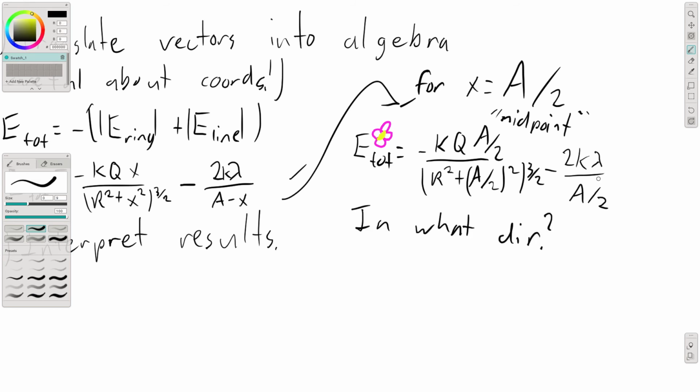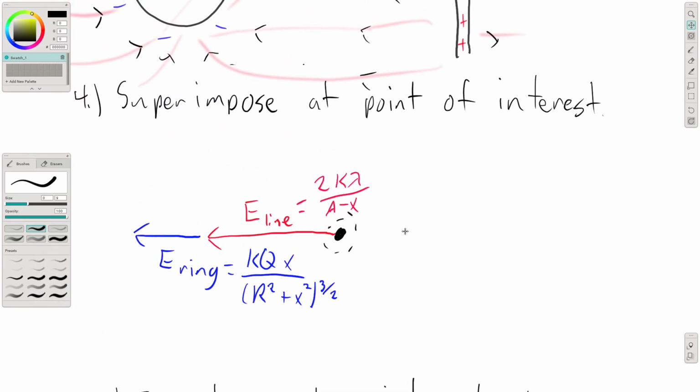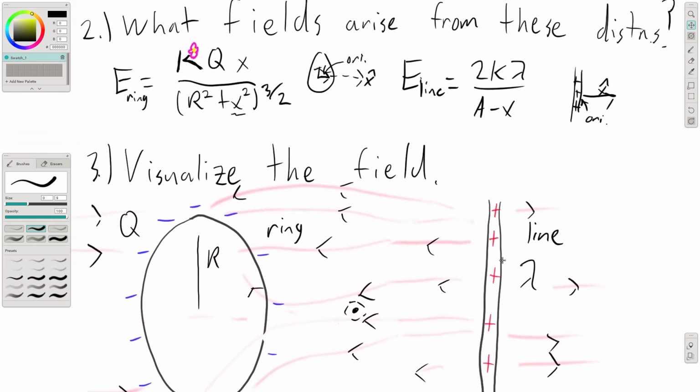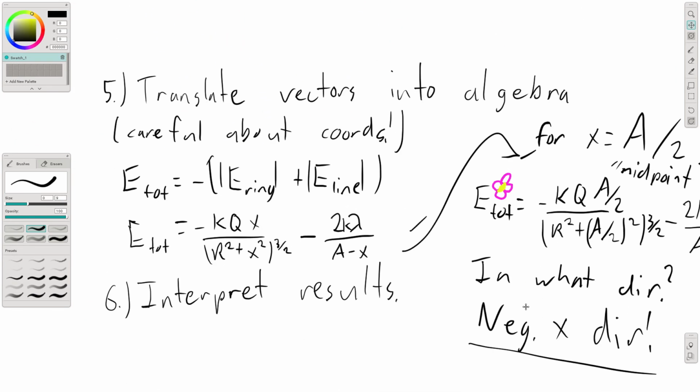K, Q, A, R, and lambda are all positive, and they're being subtracted, meaning that we have a negative total. And this simple direction corresponds to what we predicted there, what we predicted here, and our whole kit and caboodle. It's a very self-consistent situation.